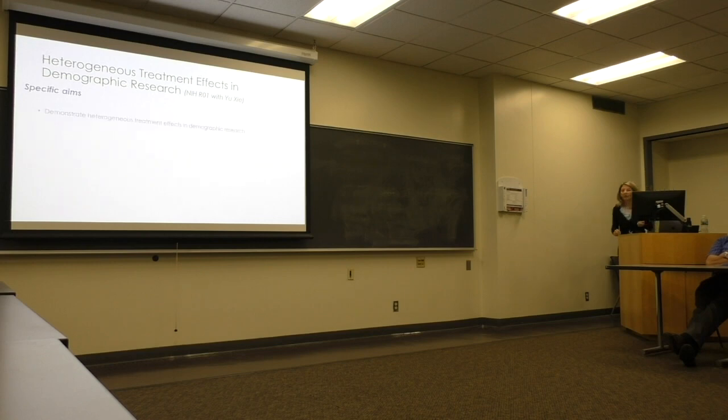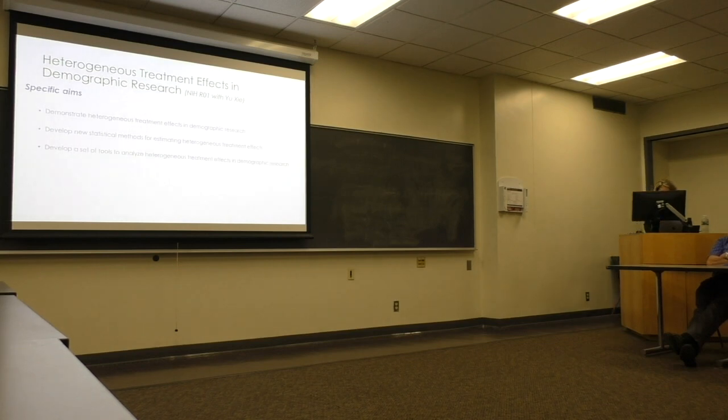And then within this larger project, we have 5 specific aims. So I'm just going to mention them briefly here that I've condensed. We demonstrate heterogeneous treatment effects in demographic research. We developed new statistical methods for estimating heterogeneous treatment effects. That was some of those papers that I was just showing.